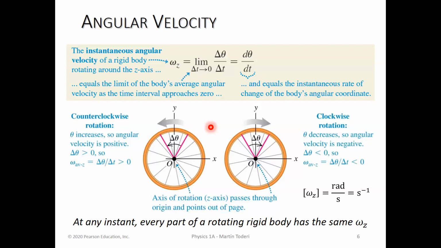All right. So let's take a look at how we completely define the angular velocity, because so far this is a scalar quantity, right? But that scalar quantity is actually telling us the direction of the rotation.